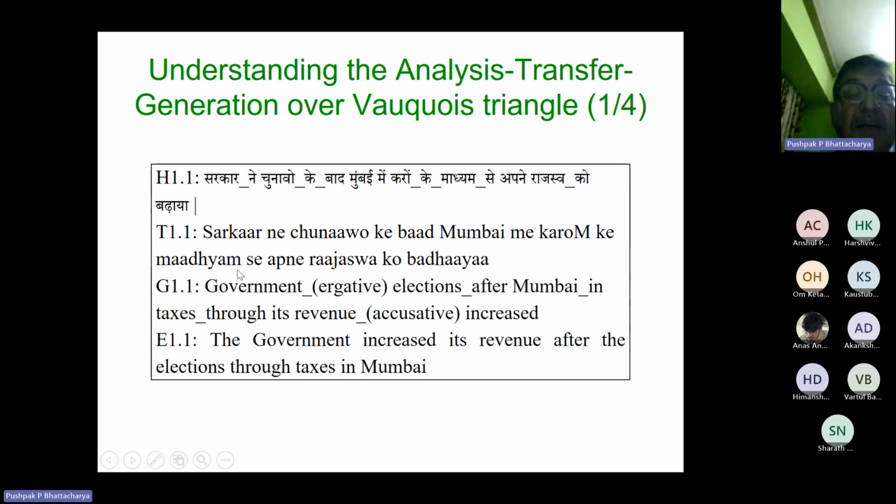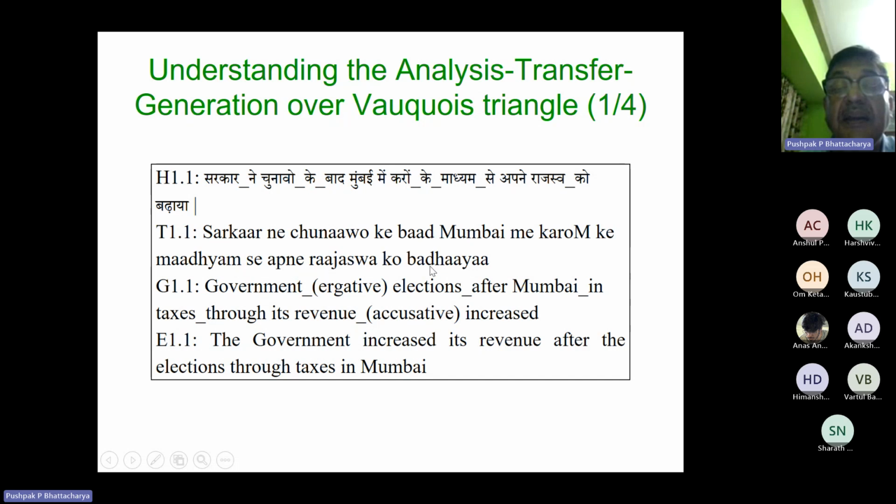So you see, if you look at the gloss, then you will understand how much transferring activity has taken place over the Hindi sentence. Government has become the government in English. Sarkar has become the government. So one word gives rise to two words here. Ne maps to nothing.